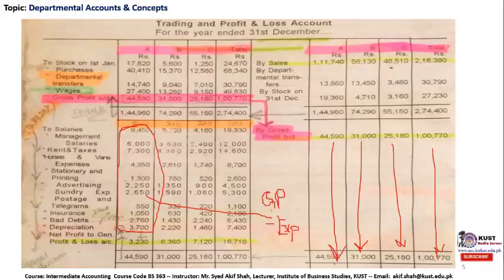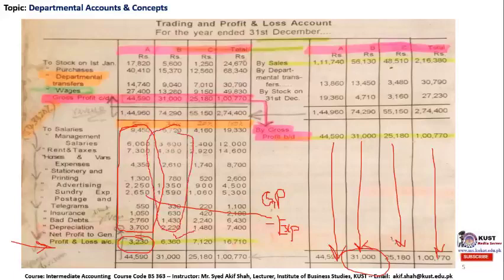If we subtract all this accumulated sum of value from 44,590, we get the net profit for department A as 3,230. We have done the same for department B, 31,000 minus all the expenses of department B, and we come up with 6,360 net profit.